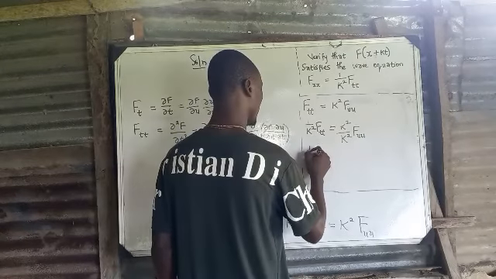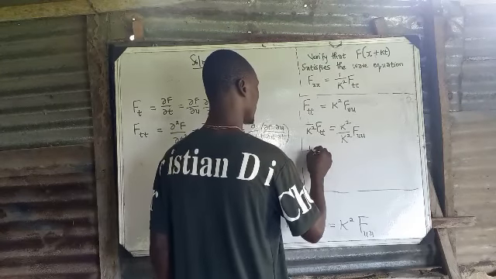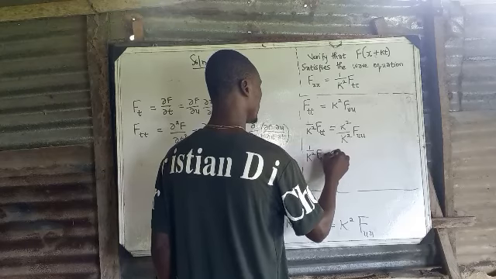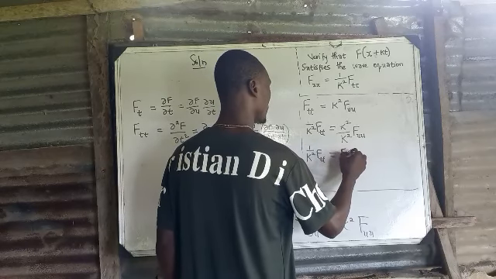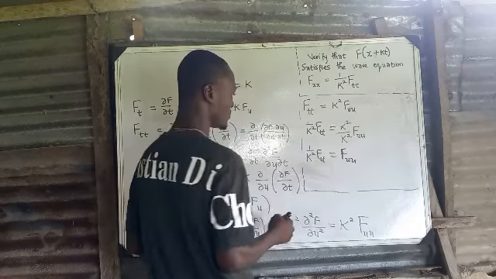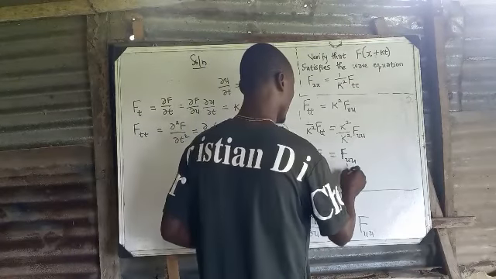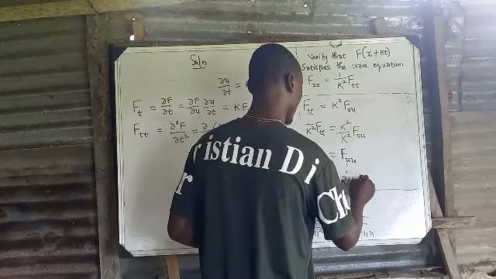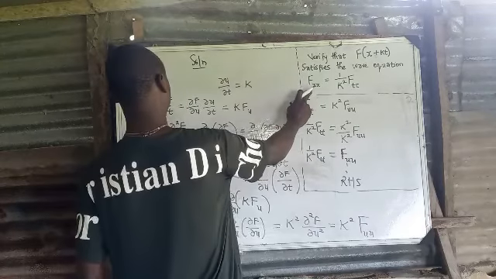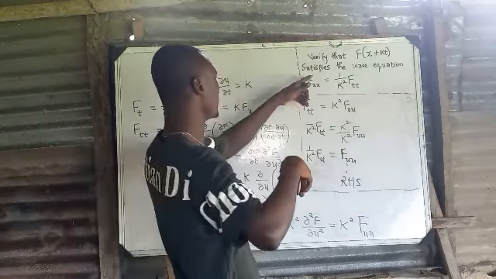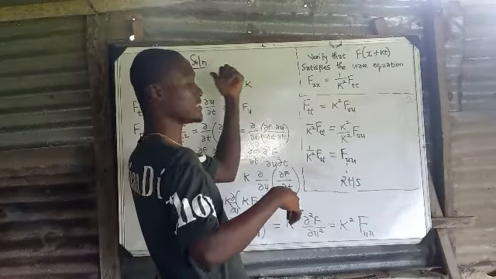So 1 over k square ftt is equal to fuu, because this will cancel. So you see that the whole of the right hand side is fuu. This is the right hand side. And we've got fxx from the left hand side, from the other part I cleaned.